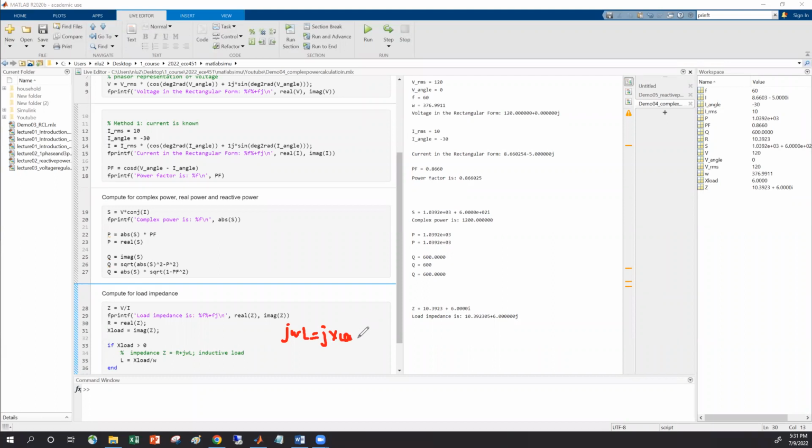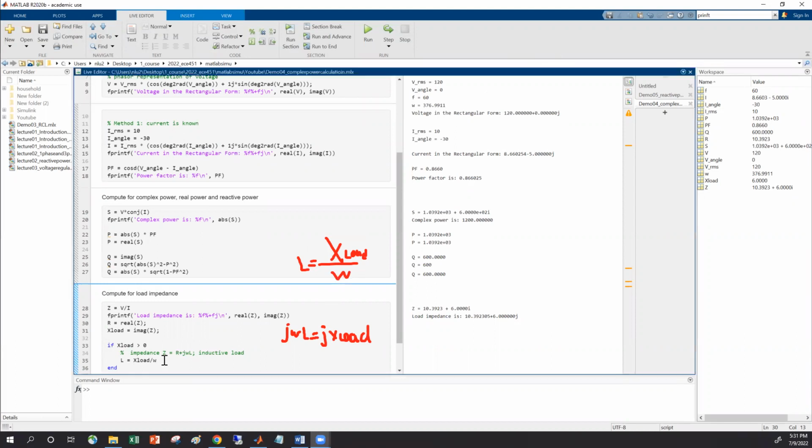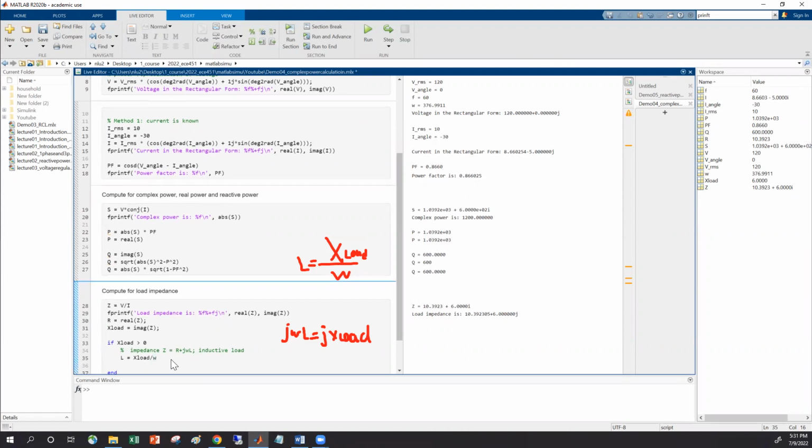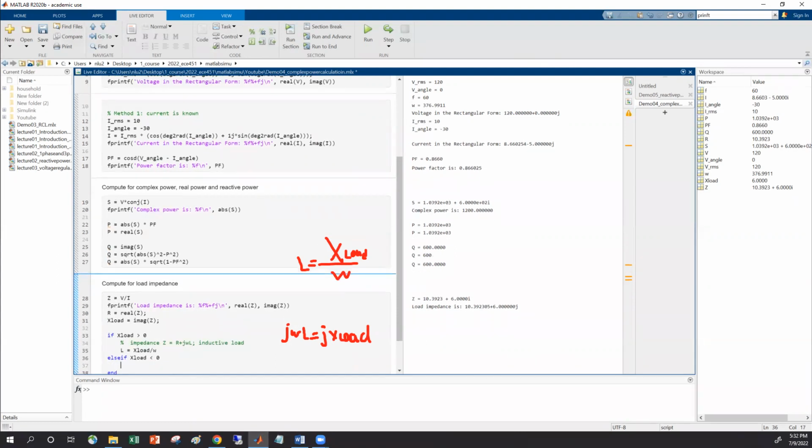Therefore, L equals X load divided by omega. Okay. So then we can have that part, and else if X load is smaller than 0, then what will happen?